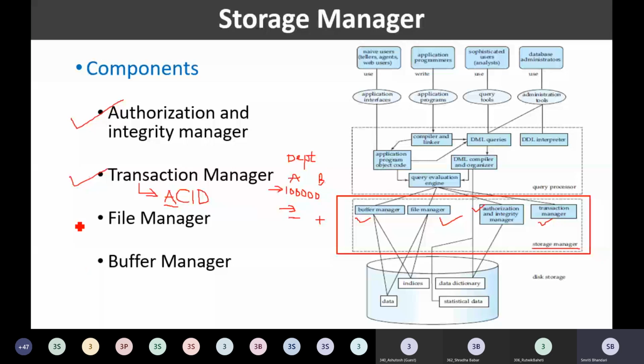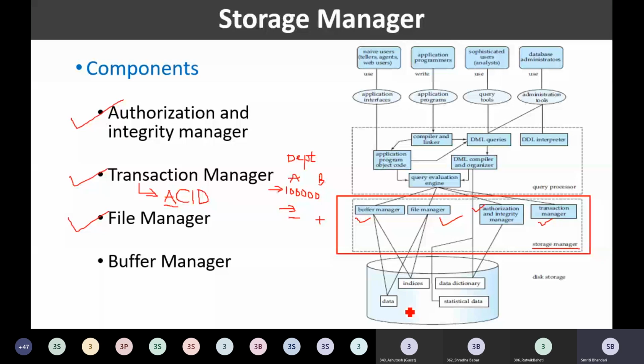Next comes the file manager. So what is the role of file manager? In fact, the data is stored in this disk storage, and actually the data is stored in terms of some file system, and that file system is provided by the operating system that we are using.